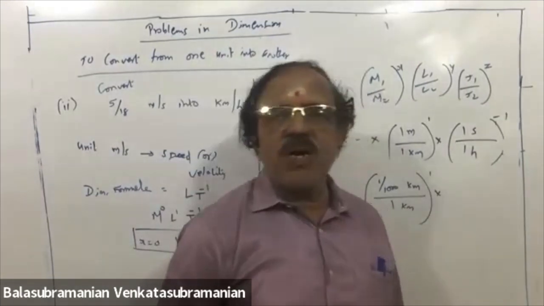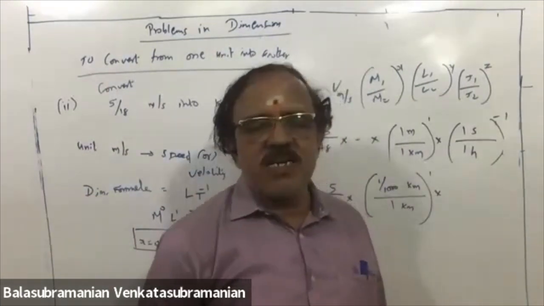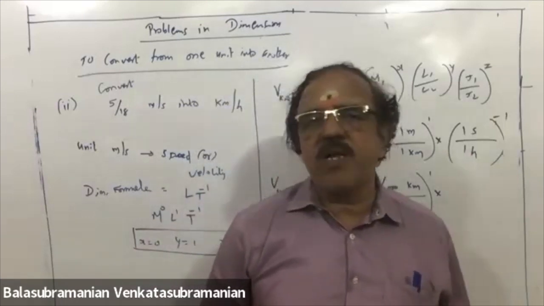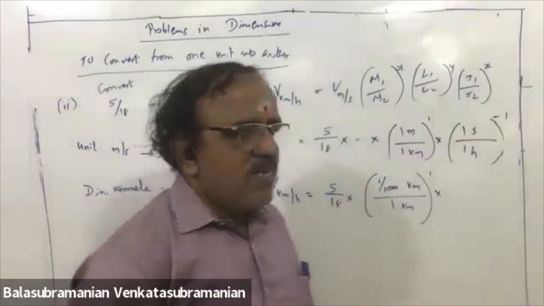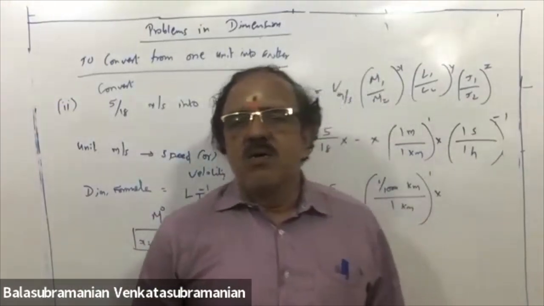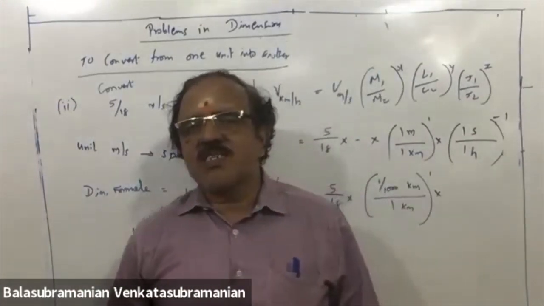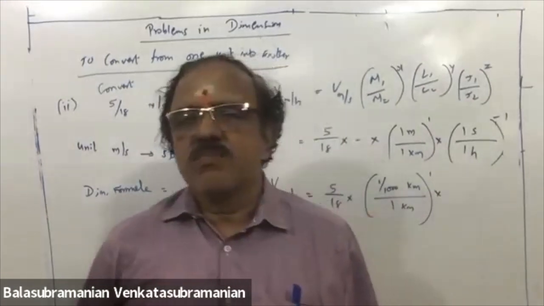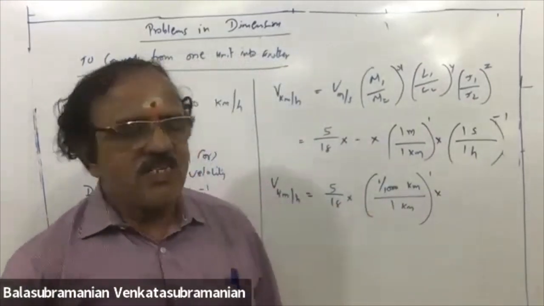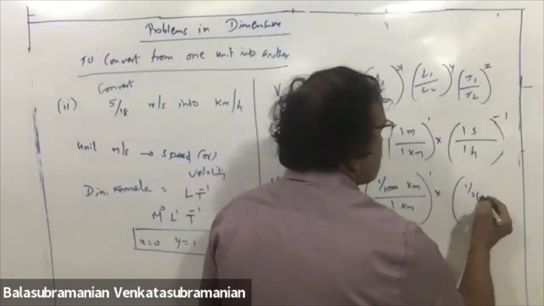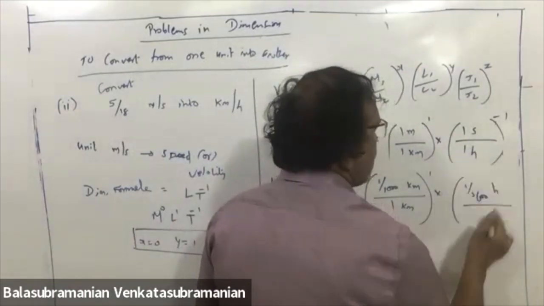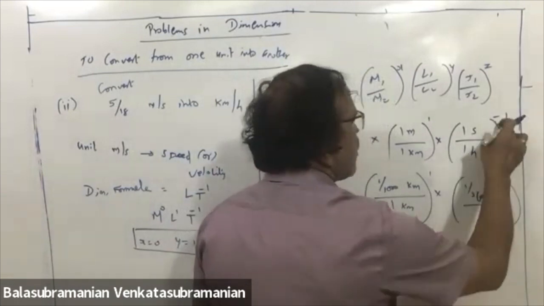Then 1 second by 1 hour. You have to write this answer in terms of kilometer per hour, so this is what you have to convert. 3600 seconds is 1 hour, so 1 second is equal to 1 by 3600 of an hour, by hour, to the power minus 1.